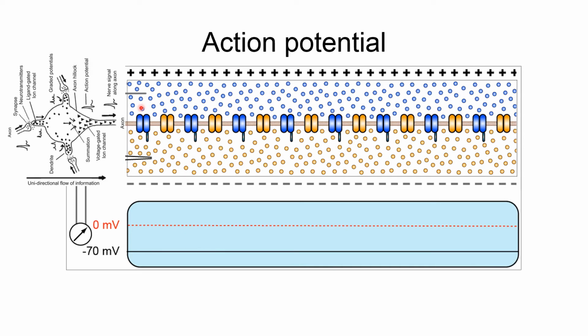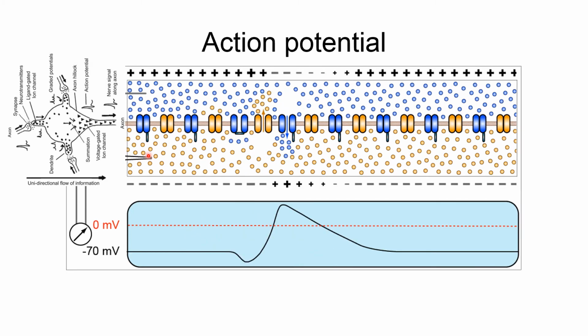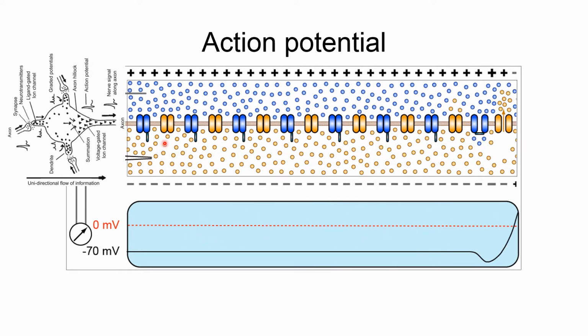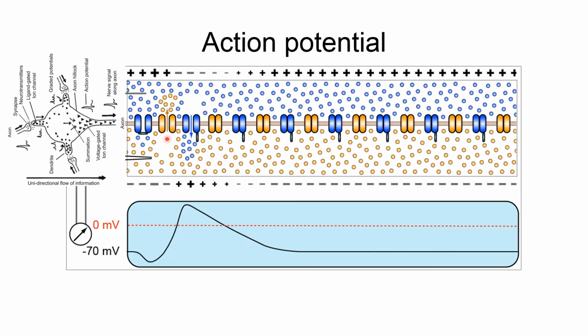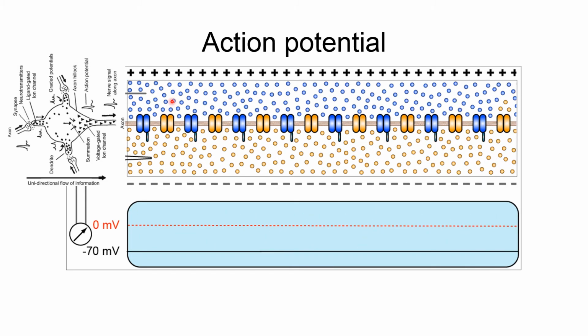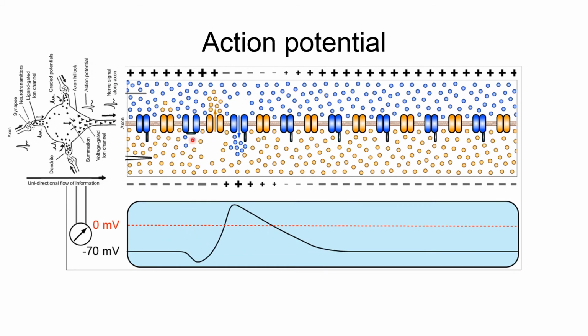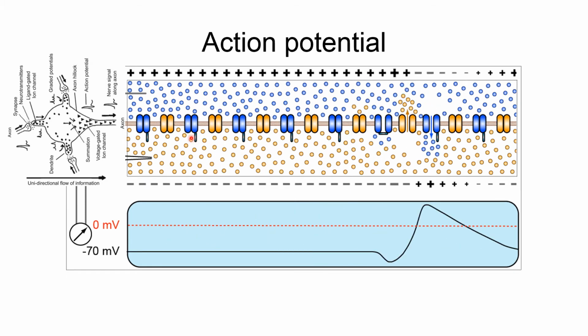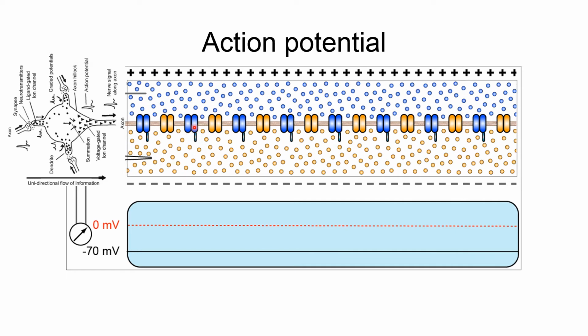Here we see sodium enters into the cell, and then this sodium goes into the next segment, opens potassium channels to lose potassium outside, but at the same time opens sodium channels in the next segment. These are voltage channels.